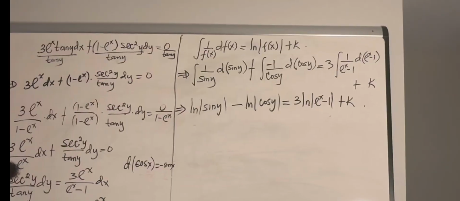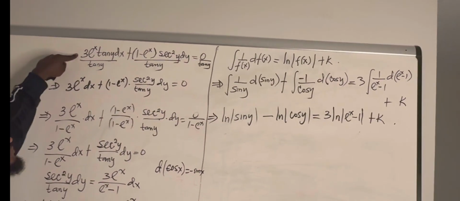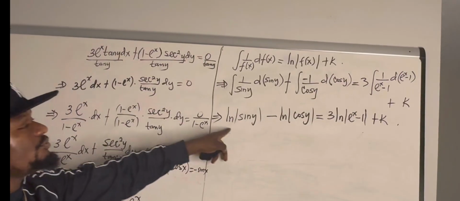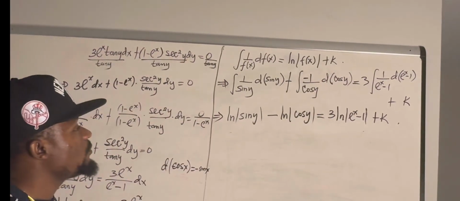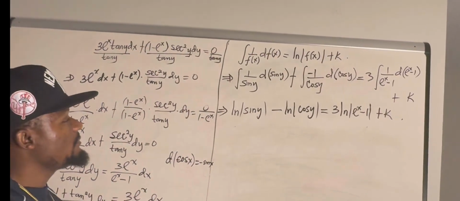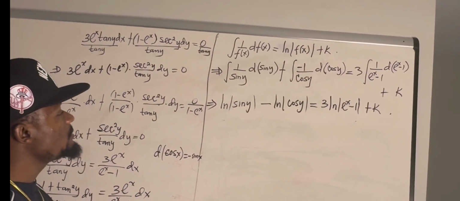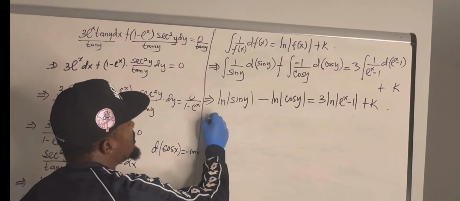At this point, we can call this the general solution of this differential equation. We can continue and put this in other ways, but if you end here, you have had the general solution. But let's continue putting it together.